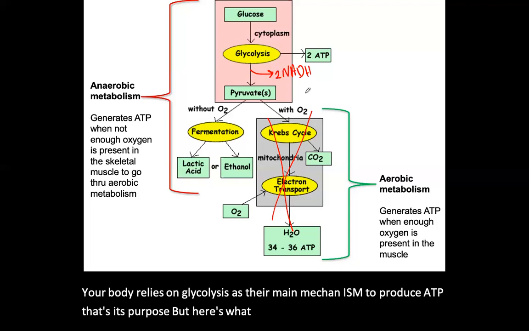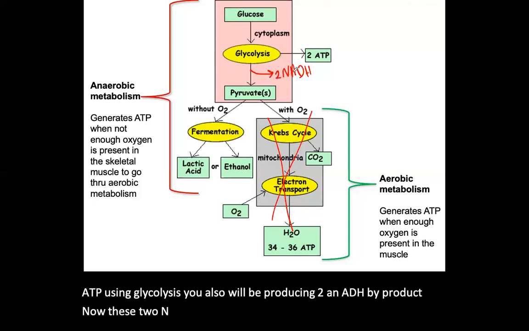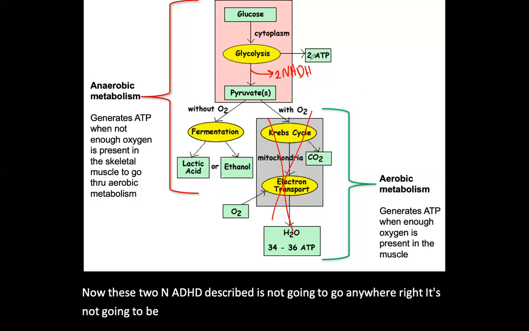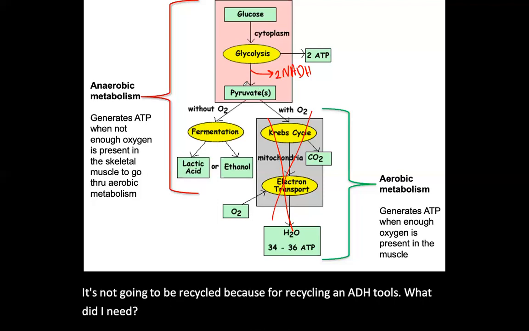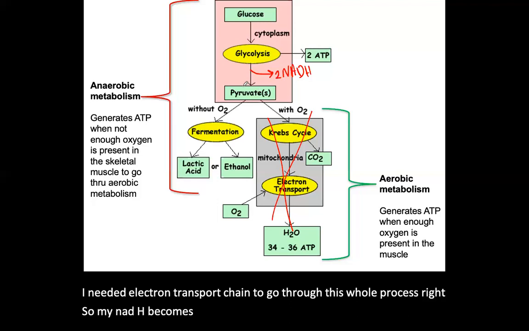But here's what happens. If you continue to produce ATP using glycolysis, you also will be producing 2 NADH as the byproduct. This 2 NADH is not going to go anywhere. It's not going to be recycled, because for recycling NADH, what did I need? I needed the electron transport chain to go through this whole process, so my NADH becomes NAD plus and can be reused.